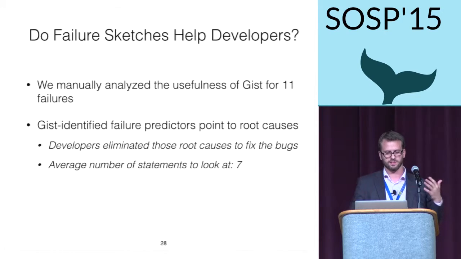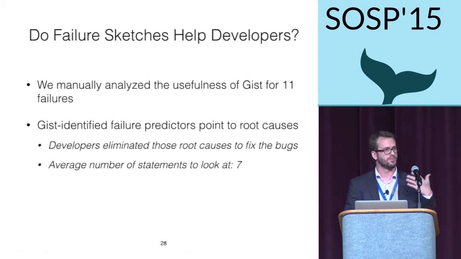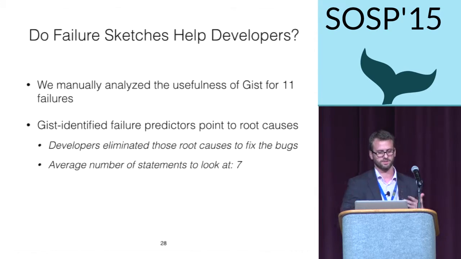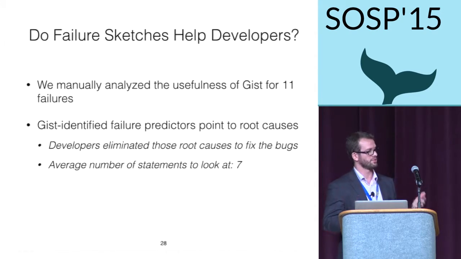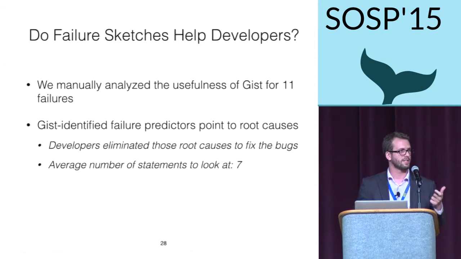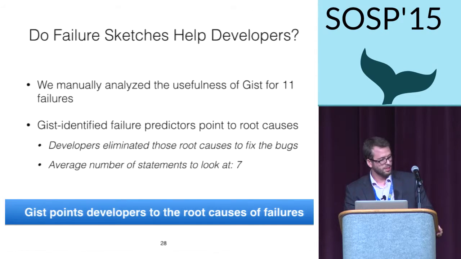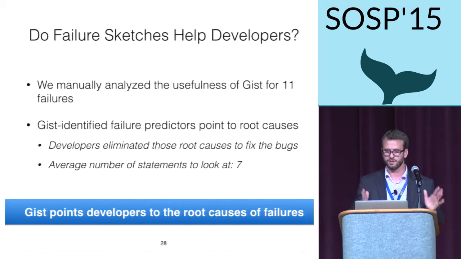An interesting result is that failure sketches that GIST built reduce the number of source statements that are necessary to be looked at in order to detect the failure root causes to an average of 7. Considering that this number is several orders of magnitude smaller than the size of the programs in our evaluation, we believe that GIST was useful. Overall, we conclude that GIST was able to build failure sketches that point developers to the root causes of failures.